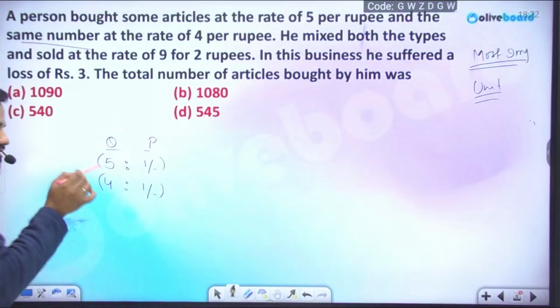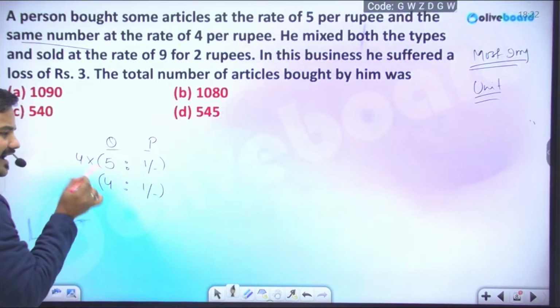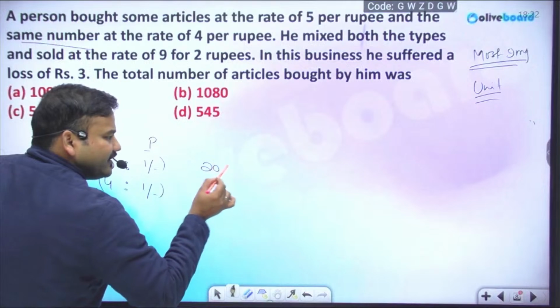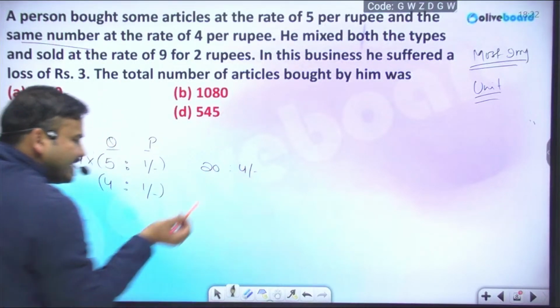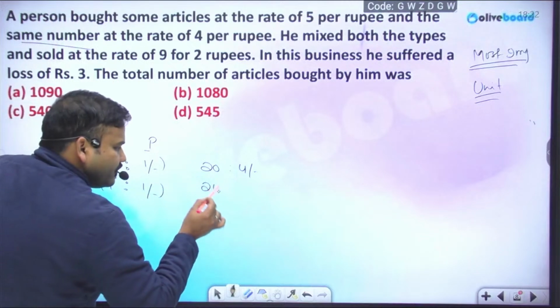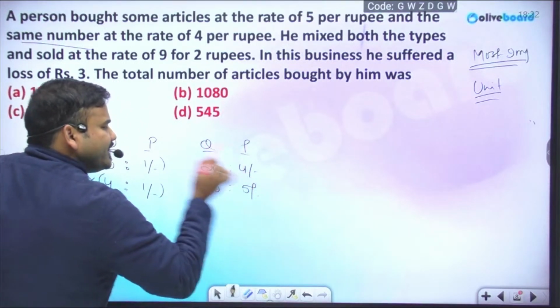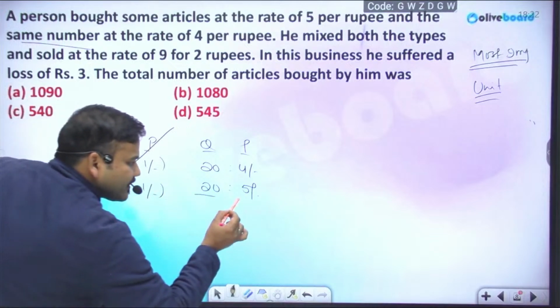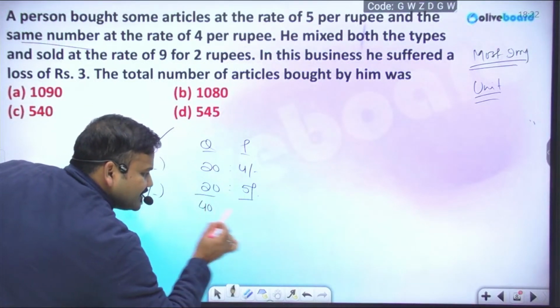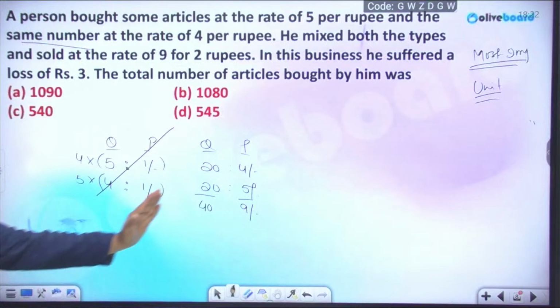That means in the first shop he is getting 20 articles for rupees 4, and in the second shop he is getting 20 articles for rupees 5. So orally, for every 40 articles he is paying 9 rupees.